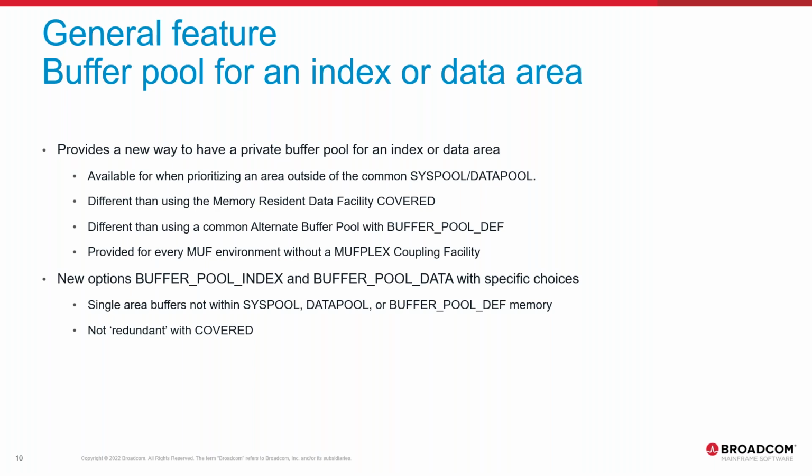It's implemented with two multi-user startup options, buffer pool index and buffer pool data. So it's a single area or a set of areas, but individually it's a single area, and the buffers are not inside of the SYSPOOL data pool or buffer pool definition. And they are not redundant with covered.